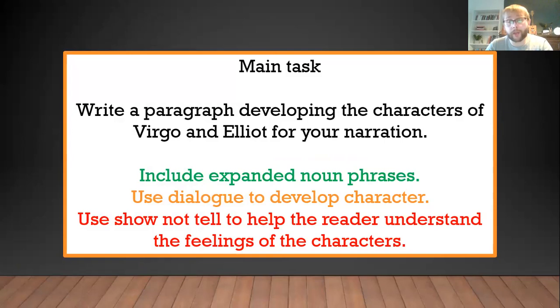Whatever you choose to do though, if you're doing the green challenge, it needs to include expanded noun phrases. If you're doing the orange challenge, it needs to include the green challenge and then dialogue to develop the character. And if you're doing the red challenge, it needs to include all of the green stuff, all of the orange stuff, and it then needs to use that show not tell technique.